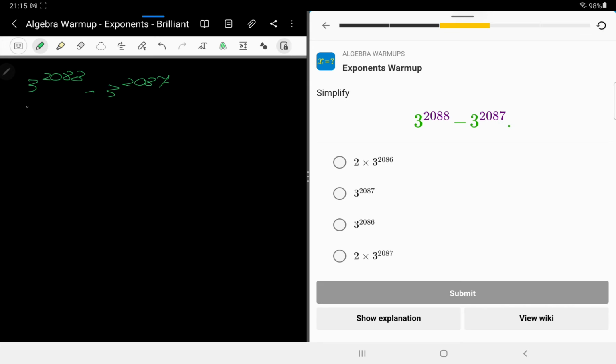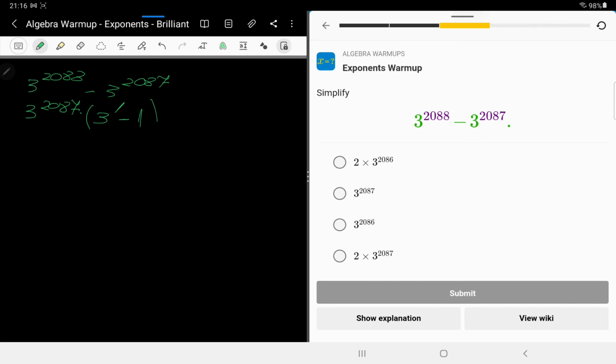So let me try this out. Is 3 to the power of 2087 multiplied by 3 to the power of 1, because if we multiply these two, we have 3 to the power of 2088?